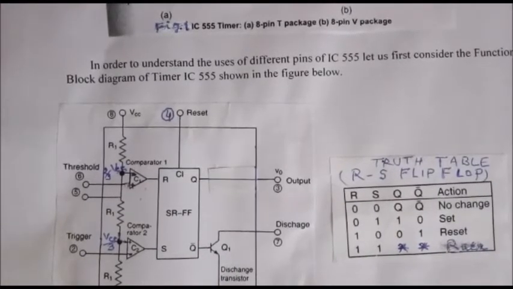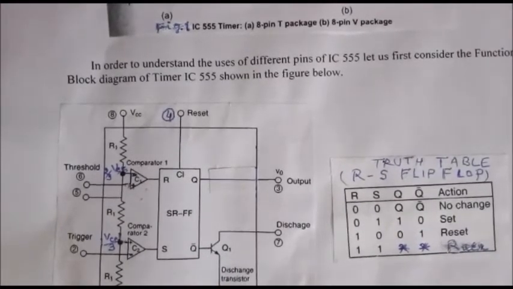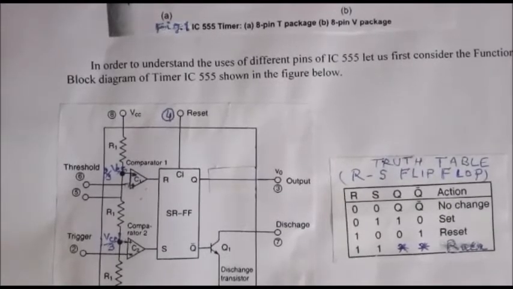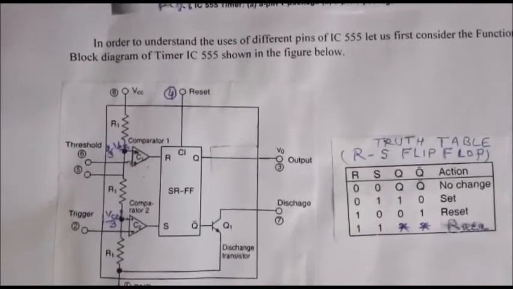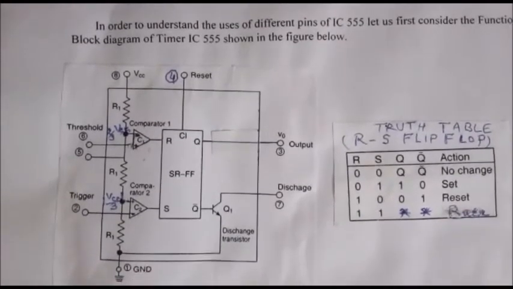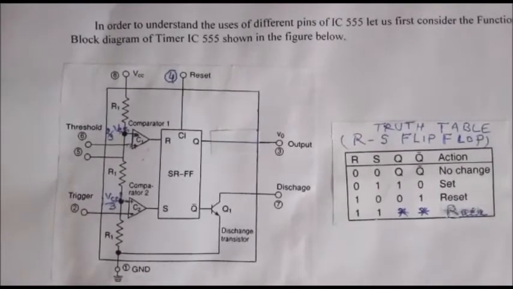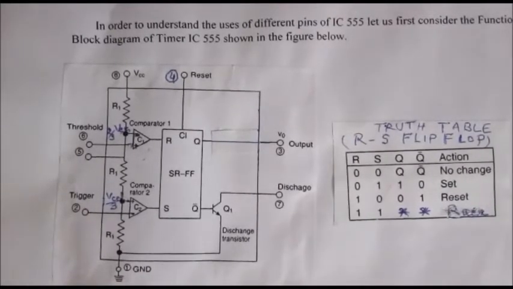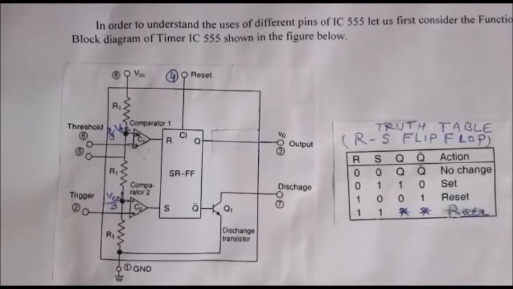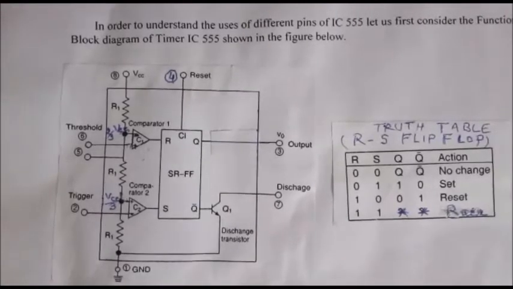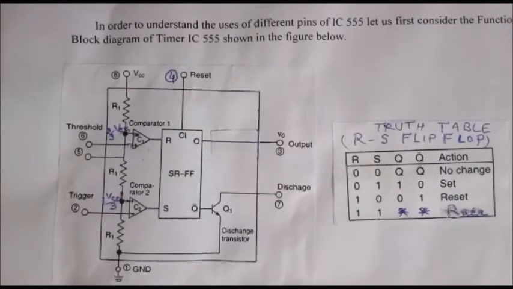Minus and plus represent their polarity. Then there are three resistances R1, R1, R1, and each R1 is equal to 5 kilo ohm. Then there is a flip-flop, an RS flip-flop, and the different pins which have been connected to this IC timer are shown by numbers. You can identify which pin is being attached or connected to which component.